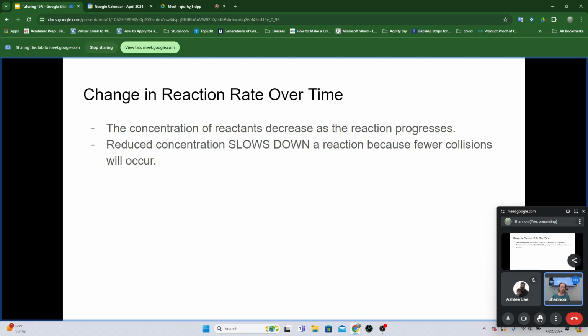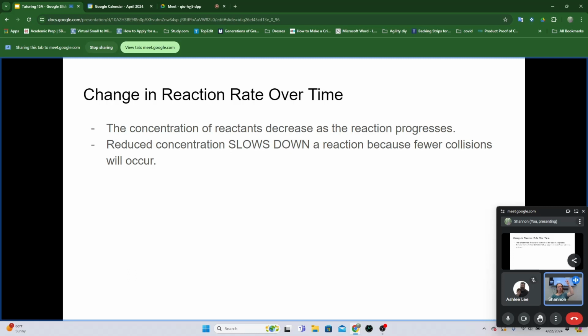So, if we are starting with a concentration up here, and it's naturally going down over time because the reaction is happening and those reactants are getting used up, what's happening to the reaction rate over time?